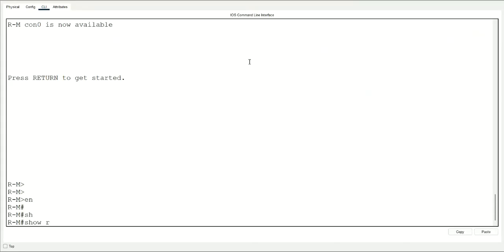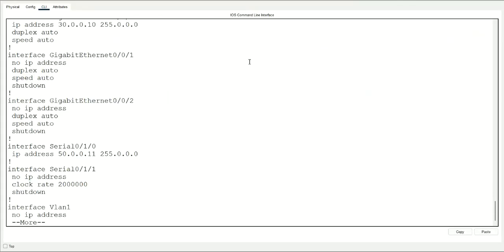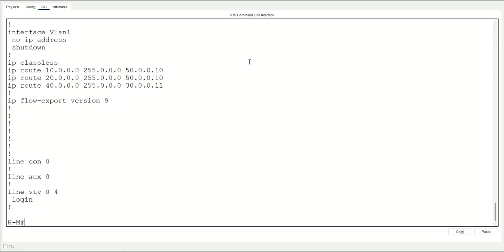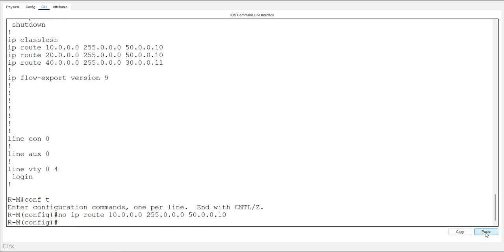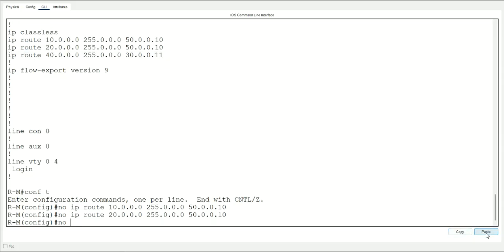Let me show you. Show run, first you type show run. These are the 3 lines, right? Now you put no and copy the first line, paste it, boom. Again put no, copy the second line, paste it, boom. Again copy the third line, copy it and paste it, boom.